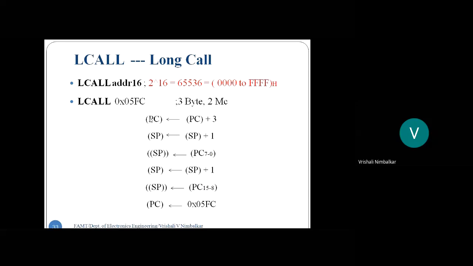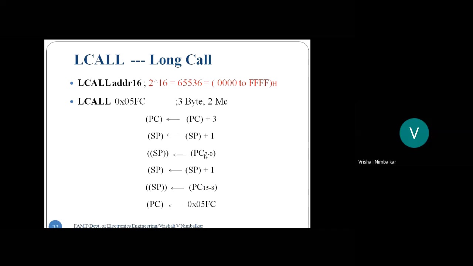First obtain the return address, so the microcontroller will increment to PC plus 3. And now save this return address on the stack. Whenever we are saving on the stack, the pointer first increments. SP becomes SP plus 1. What is SP? Stack pointer. So the stack pointer increments, and at this new location, the lower address is saved.